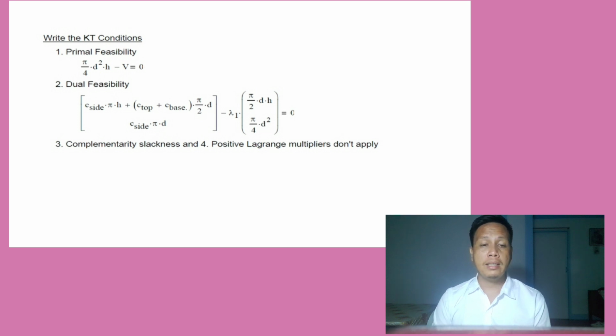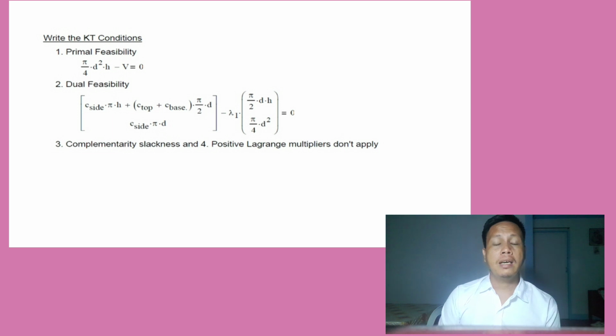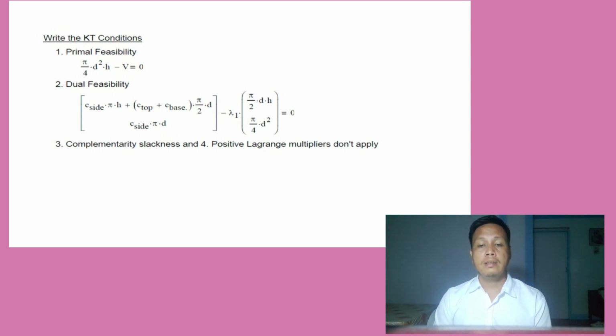Dual feasibility: cost of side times pi times h plus the cost of the top plus cost of base times pi over 2 times d, minus lambda 1 times pi over 2 times d times h; and cost of side times pi d minus lambda 1 times pi over 4 times d squared. So there are two equations.